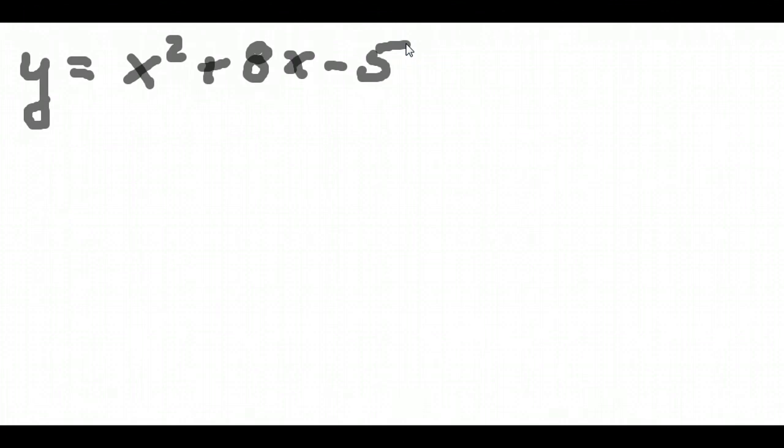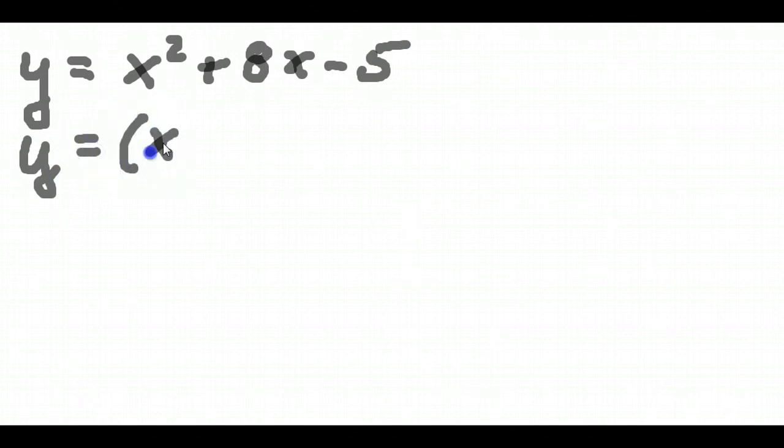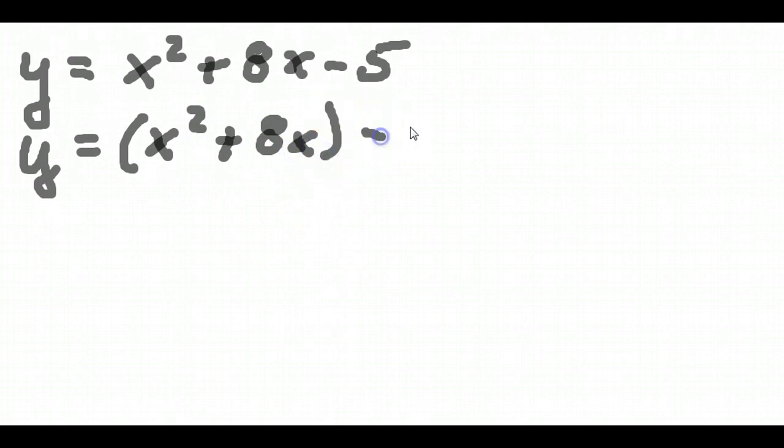So this is where we use completing the square. The first way to look at this is to write this in parentheses form. So the first thing I want you to do is rewrite this as y equals (x squared plus 8x) minus 5.